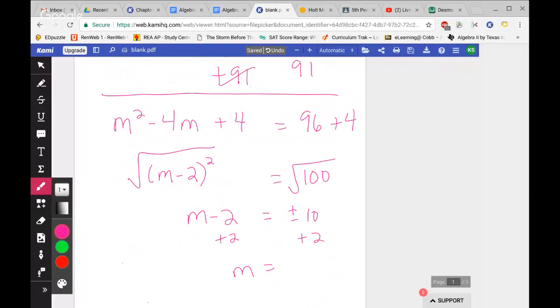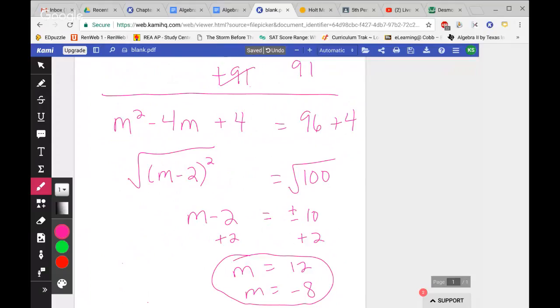So I've got 10 plus 2 is 12, or I've got -10 plus 2, which is going to give me a -8. So this quadratic equation crosses the x-axis at 12 and -8. So for these ones, do you just want where it crosses the x-axis? That's exactly what you're solving for in all of these.